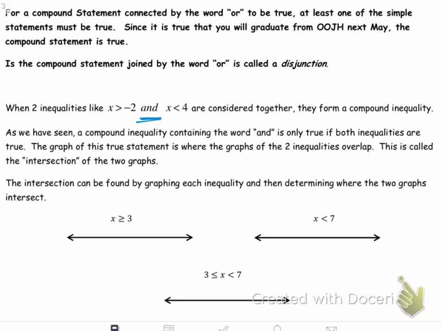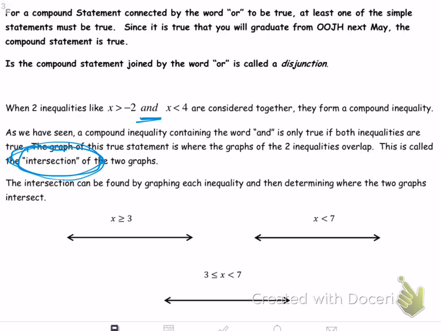So an AND in math, in terms of inequality, is an intersection. Like we've been practicing graphing the past couple of days, if there's an intersection between the two, then both statements are true.